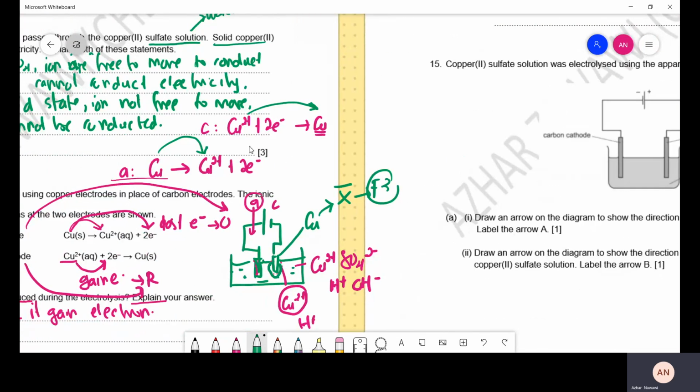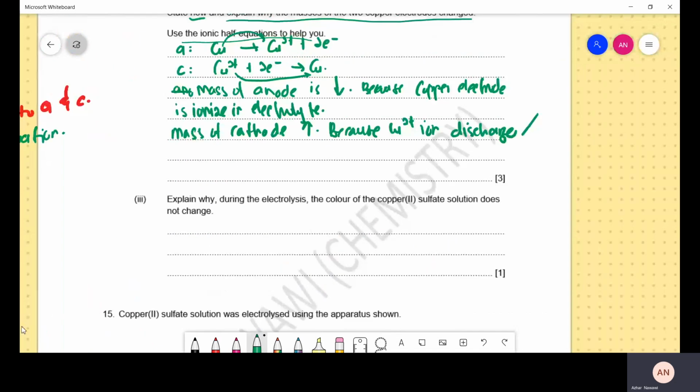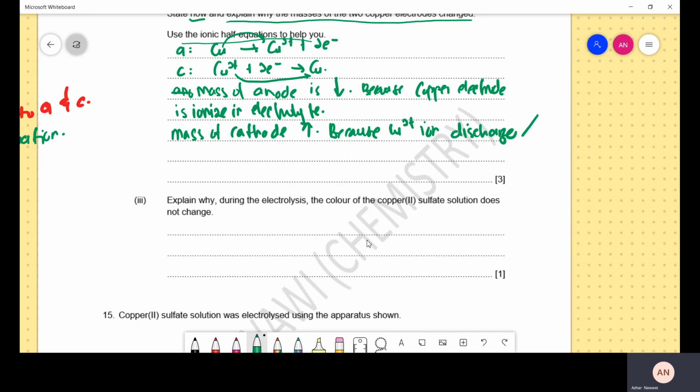Check back. You said at the cathode reduction occurs. So you can say because Cu2+ ions discharge or are reduced to become Cu atoms. So that's why they become thicker. Mention first how, then explain why. The reasons are always already in the diagrams. See what happened in your diagrams.